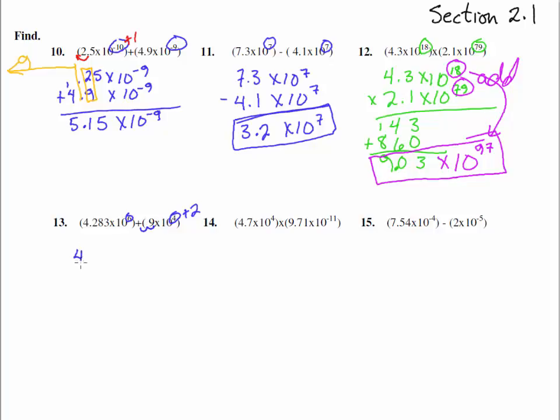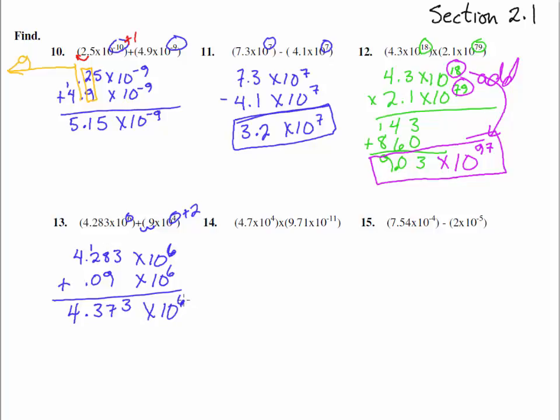So this is 4.283 times 10 to the 6th plus, let's get this decimal in the right place, 0.09 times 10 to the 6th. Good, now we've got it lined up. 3 comes down, 8 plus 9 is 17. 1 plus 2 is 3, the decimal goes right there. 4.373 times 10 to the 6th.